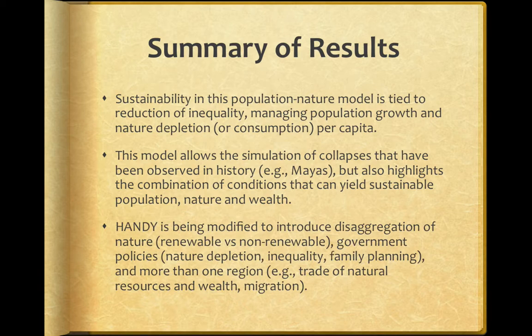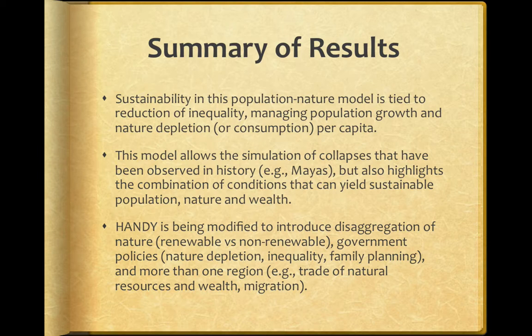Handy, this version of Handy, is now being modified to introduce several improvements. First, a disaggregation of nature among renewable and non-renewable resources, so that you can actually discriminate. This nature regeneration rate, you can adjust it. Introduce government planning, setting limits on depletion of nature, inequality, and aspects like family planning, and also extending it to more than one region.